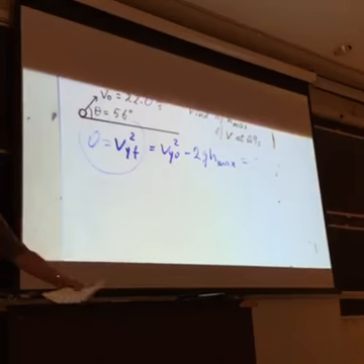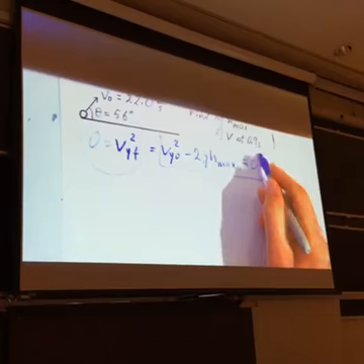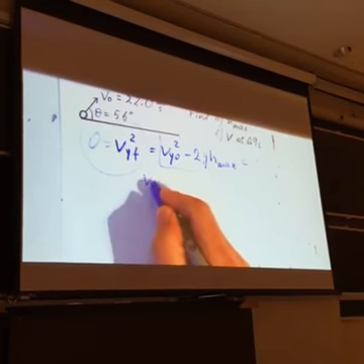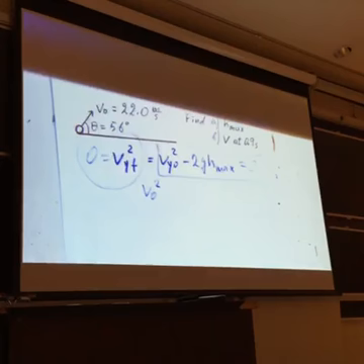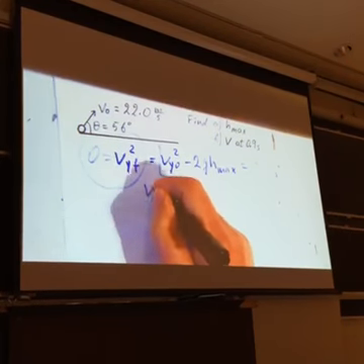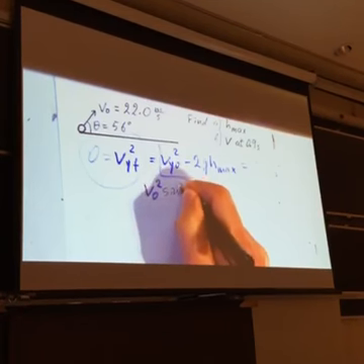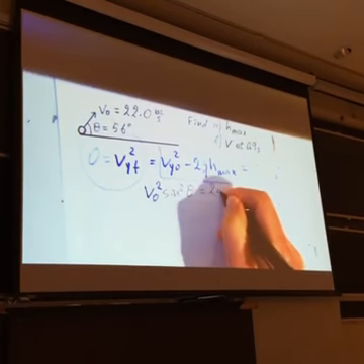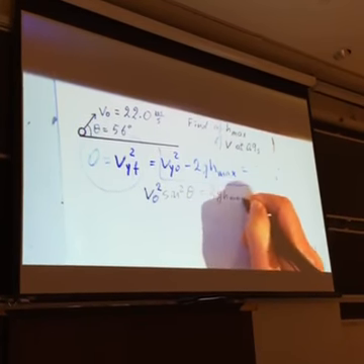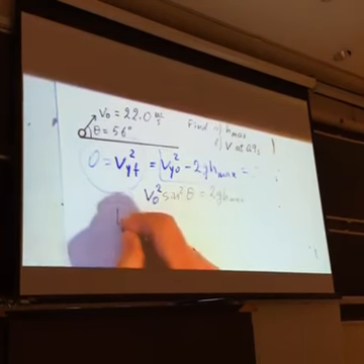I replace this v0y with v0 sine theta, and this equation becomes v0 squared sine squared theta equals 2gh, and then I can solve it for maximum height.